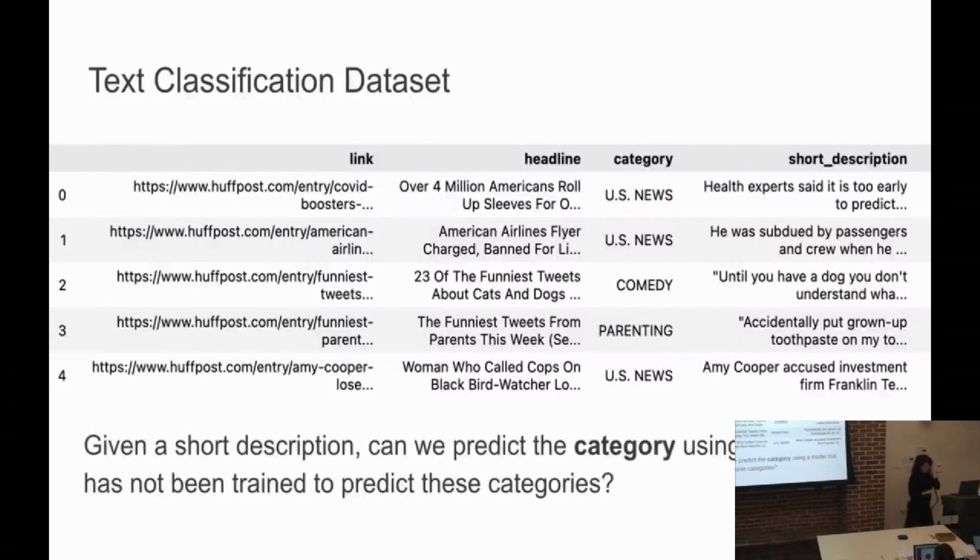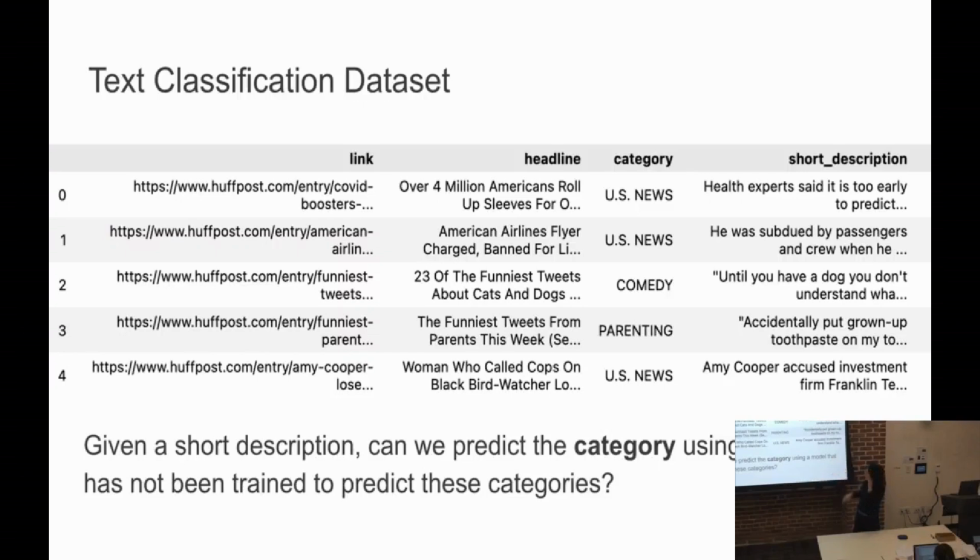So this is a data set that I found somewhere on the internet. This is some news, okay? They have the link, the headline, the category, and a short description. It's not the whole article, but a short description of the article.